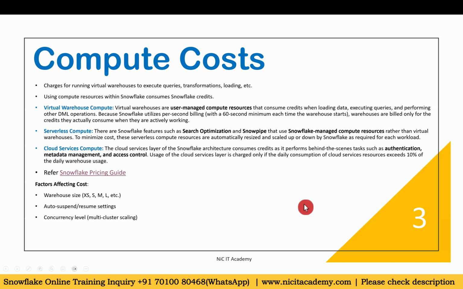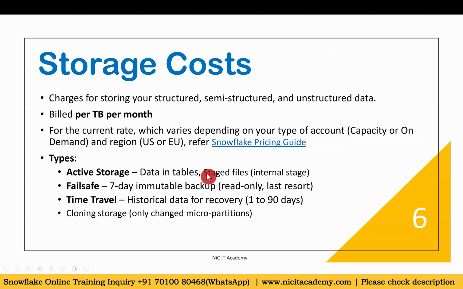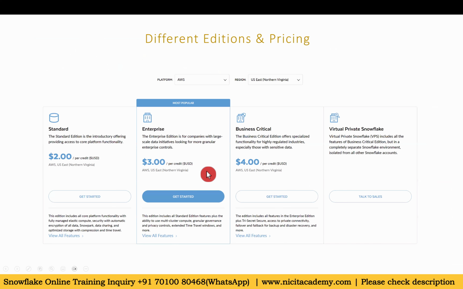We have seen that in our queries also, right? The factors affecting cost are warehouse size, auto suspend and resume, and concurrency, which is nothing but multi-cluster. So these are the serverless cost, storage cost, data transfer cost, and different editions, platforms and regions. Based on that, the cost per credit will vary.